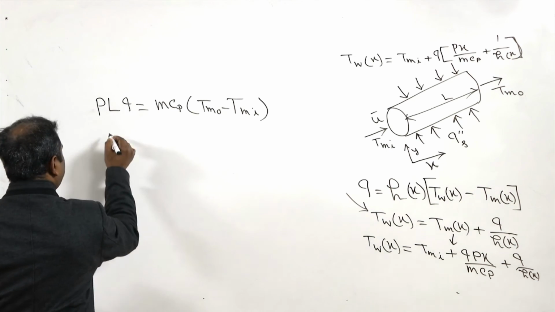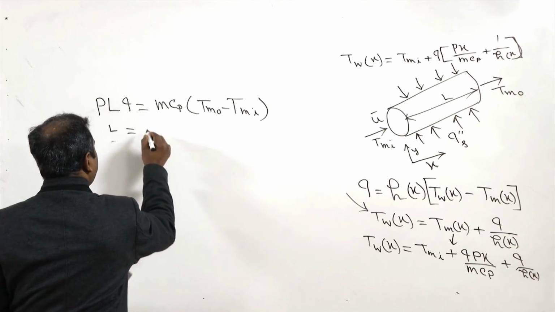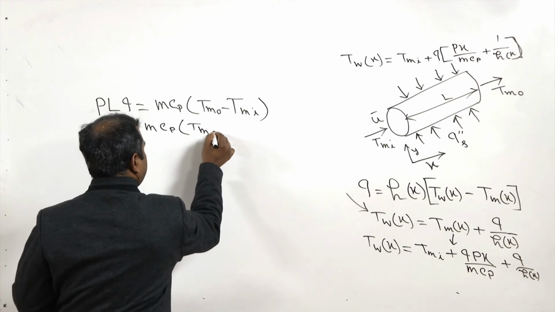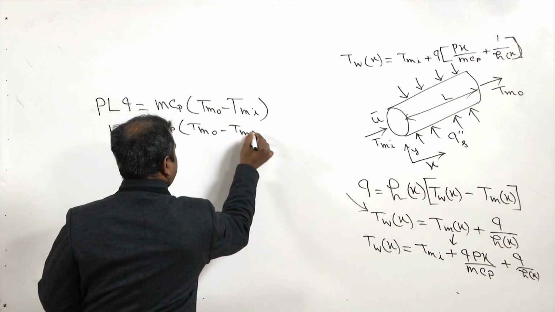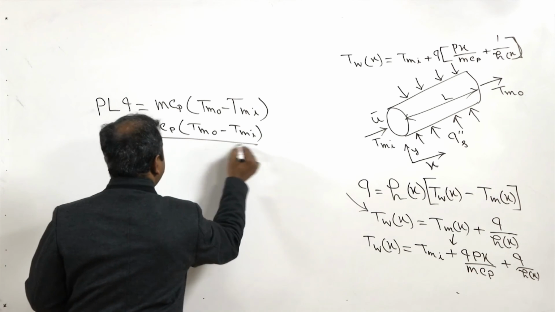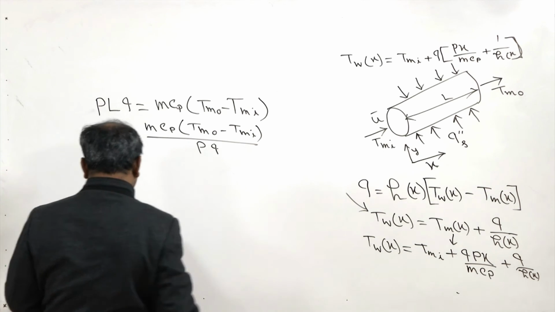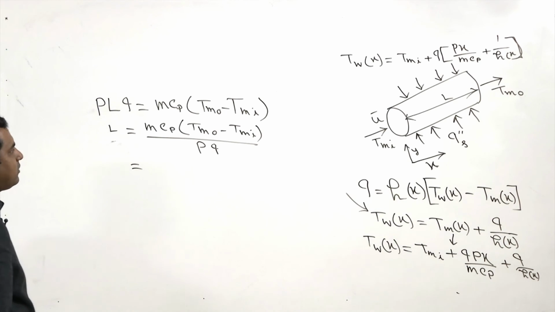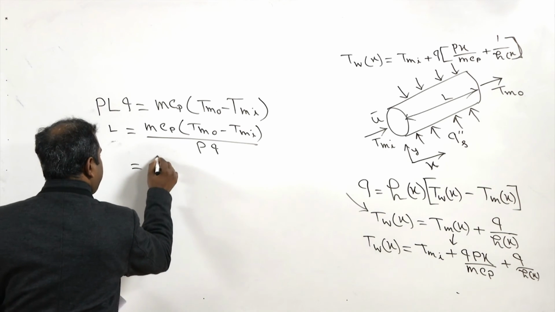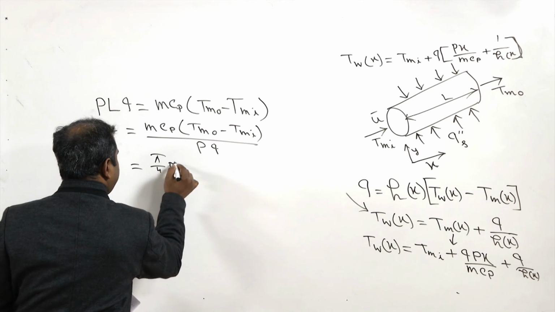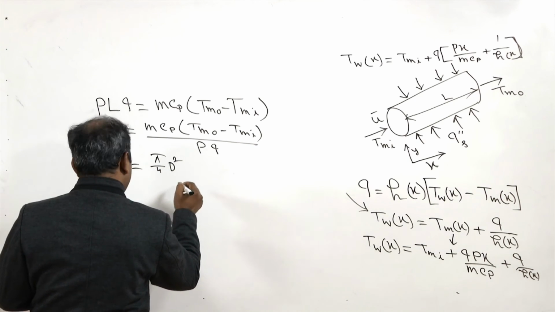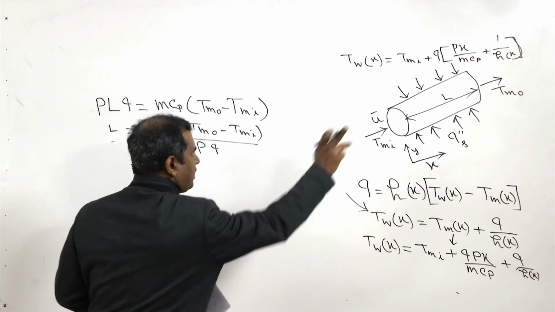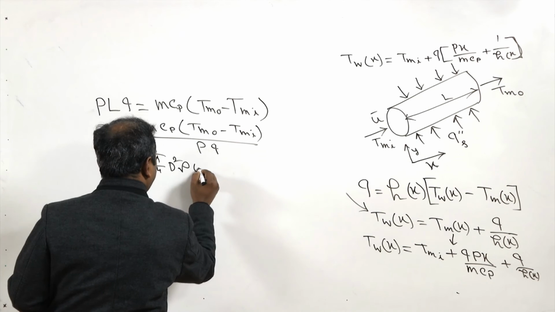P into L is the total area through which the heat flux is being applied. So, if you try to find L from here, L will become m Cp and then Tmo minus Tmi, divided by P into Q. Now, if you put the value of m and P in terms of the tube, m will be pi by 4 into d square into rho, and then for the axial direction we have to take u.